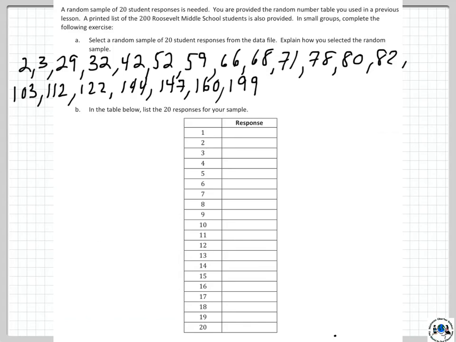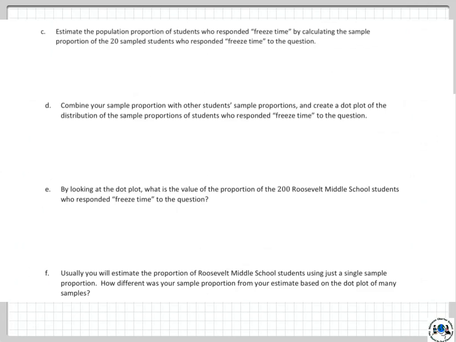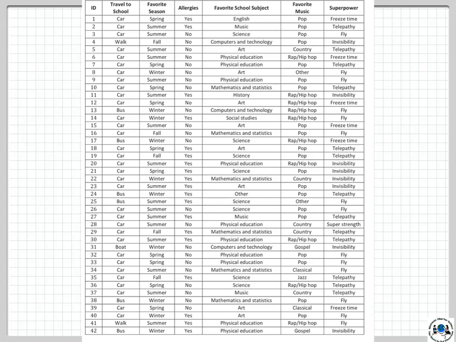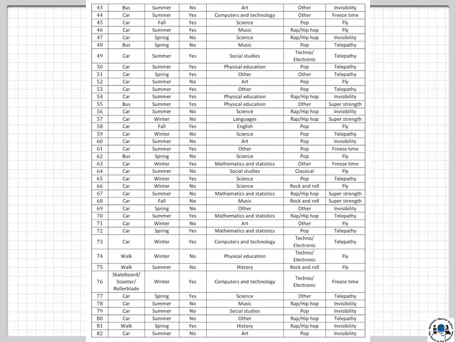Now what I'm going to do, and I'm hoping you can also do, is locate these responses. The way I would do that is go to these sheets here. Here again is the first one, 1 through 42. Next one is 43 through 82.